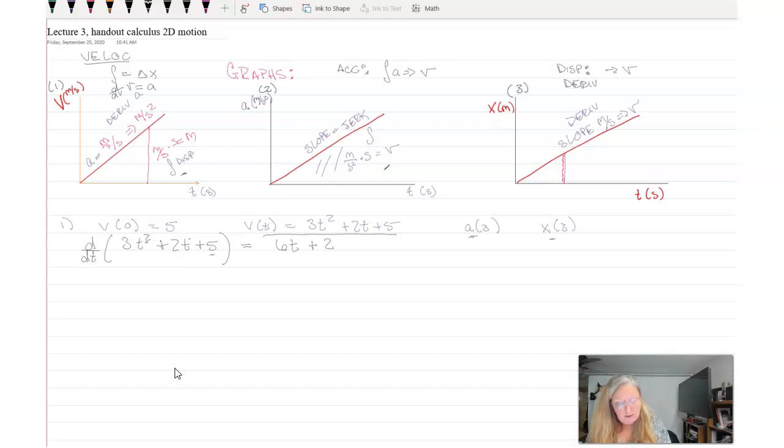And the derivative of a constant: something that is constant is just a line. There is no slope, it's 0, so there is no derivative. Now I can answer the question. At t equals 3 seconds, I have 6 times 3 plus 2. That gives me 18 plus 2, which is 20 meters per second squared.